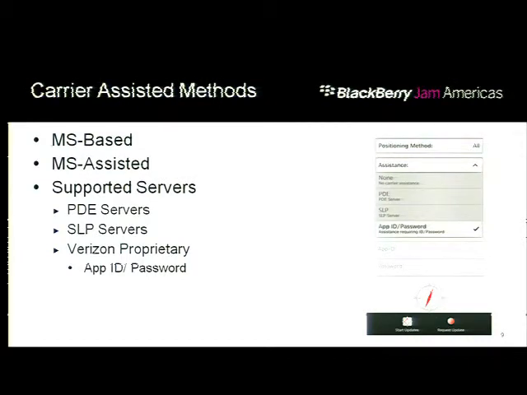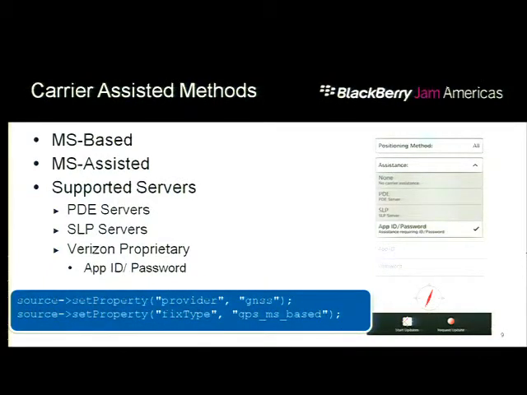When there are too few satellites in view, you can't get a proper fix. With the assistance data, with fewer satellites, you can still get a fix. So that's the advantage of using carrier-based modes. However, like I said, they're not always available. It's dependent on the carrier, dependent on what kind of access you have to those carrier servers. However, as far as the APIs go, we support them all.